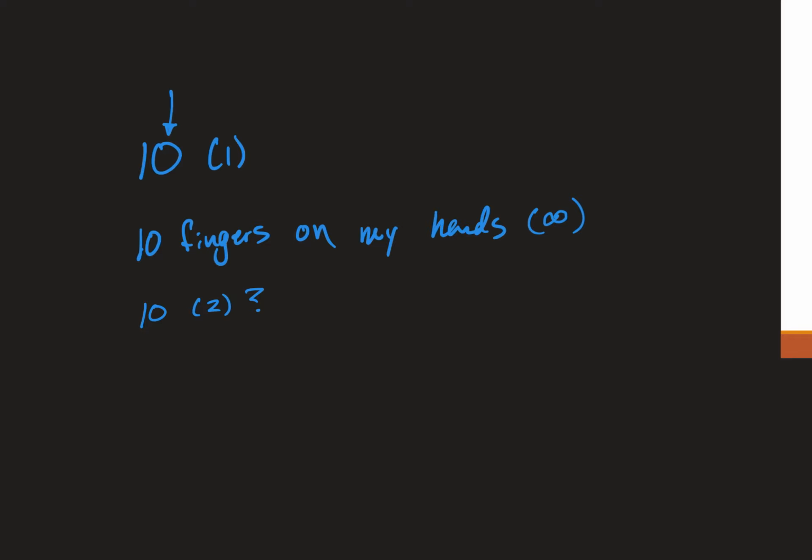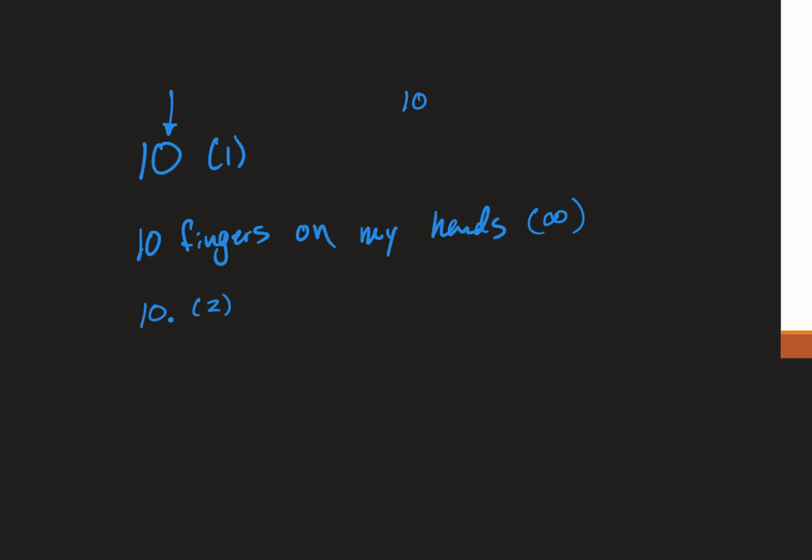Sometimes, though, it can be rounded to 2 significant figures, all right? When that's the case, you put a decimal there. That tells you that that 0 is significant. All right, so the number 10 could have 1, 2, or infinitely many significant figures.